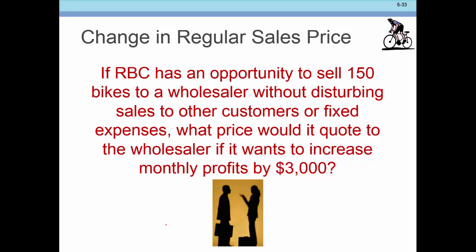We're going to be able to handle it without affecting our current sales. So we can produce everything we're still selling, plus we think that we can sell these 150 more bikes. So the question is, if we want to increase our profit by $3,000, how much should we charge for these bikes? Okay, so what happens?